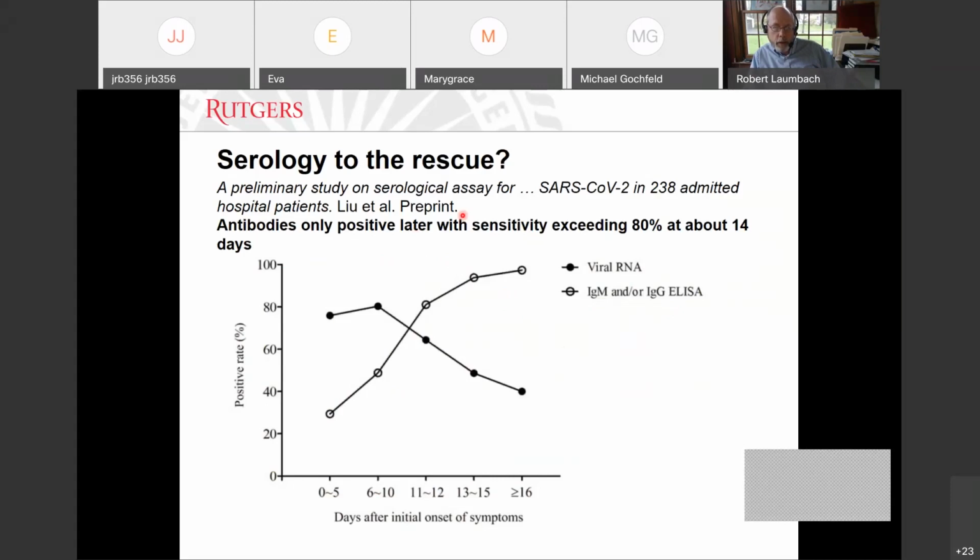This is, again, a preprint, not reviewed, of a serology test from China that looked at a series of patients and showed that the IgM or IgG positive rate increased, getting up around 80% by about 10 or 11 days post onset of symptoms, and overlapping with viral RNA by qPCR. So indicating that this might be useful even during infection.